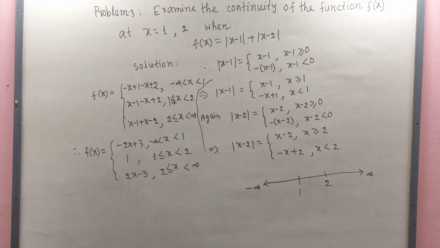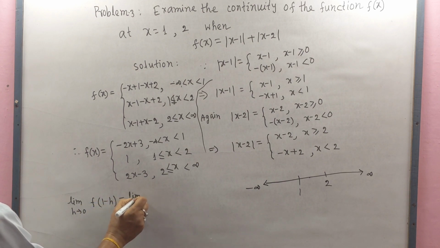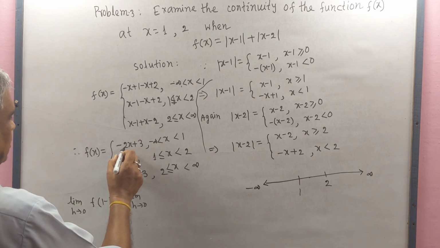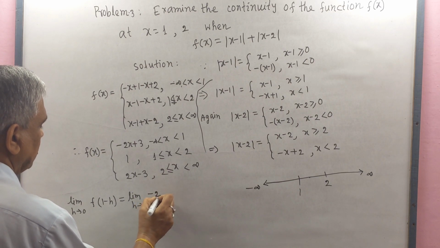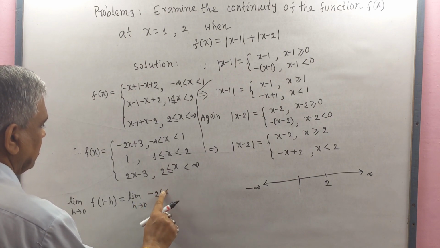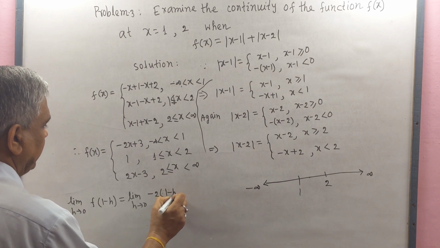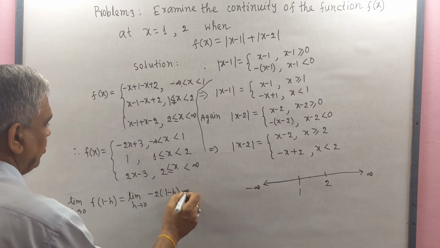Now we examine the continuity. Limit h tends to 0, f(1 minus h) equal to limit h tends to 0 of minus 2 into (1 minus h) plus 3.